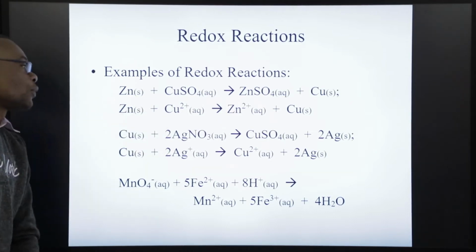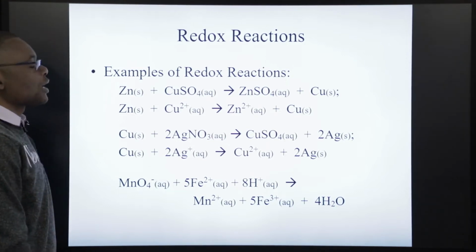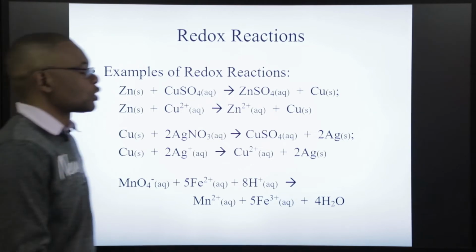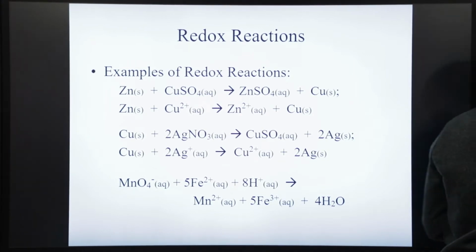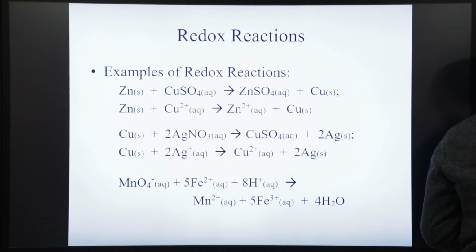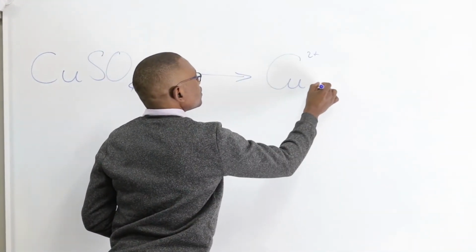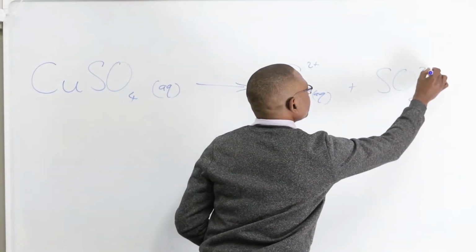So let's take, for example, zinc as a solid reacting with aqueous copper sulfate. When we are talking of aqueous copper sulfate, we are talking of copper sulfate that has been dispersed in water, meaning that it exists as ions which are dissolved in solution.